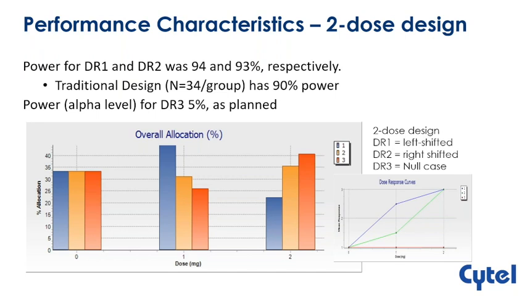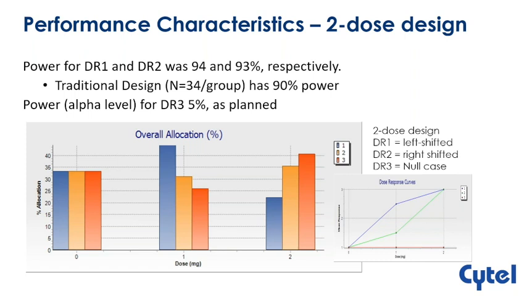And so here are the results from the 2-dose case. The power for the first 2 dose response curves was about 93, 94%. A traditional design with equal allocation across the doses would have 90% power, so there's a little bit of a power gain.